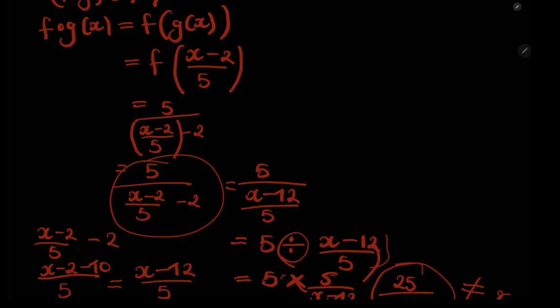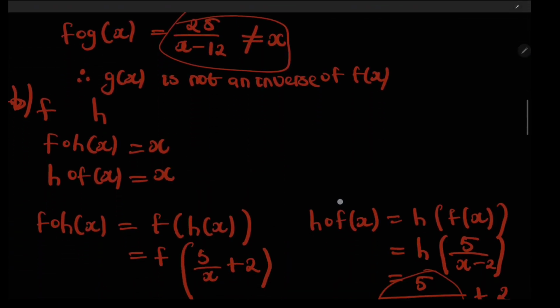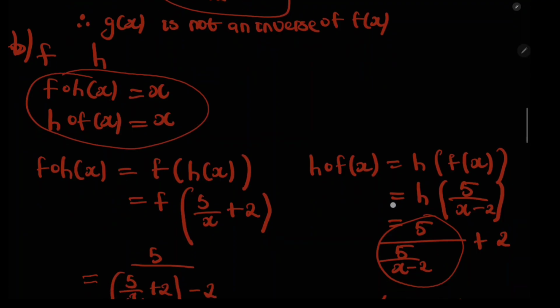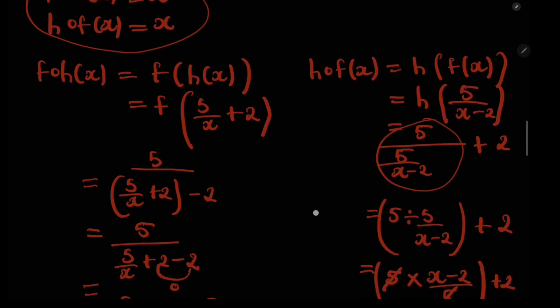If it is not x, then it is not an inverse of the function. And to test if two functions are inverses of each other, we need to test their compositions, like what we had here. We need to see whether they both equate to x. If they both equate to x, then we can conclude that they are inverses of each other.